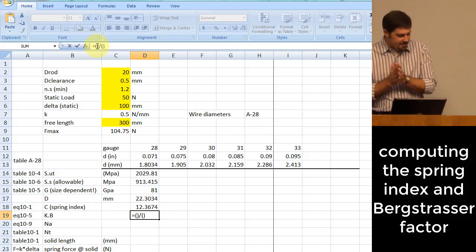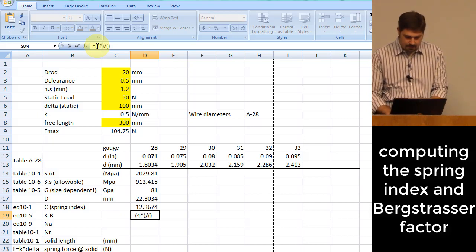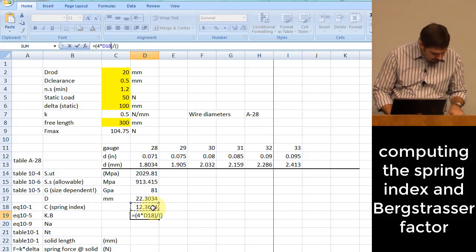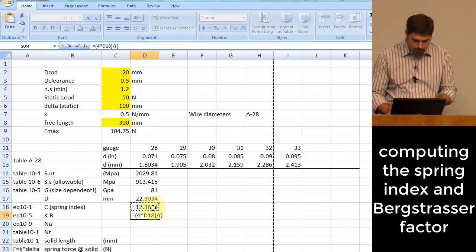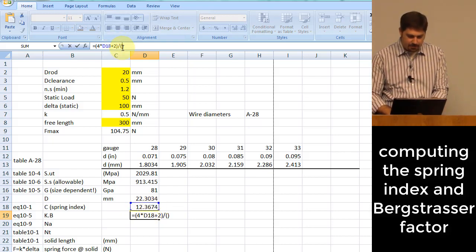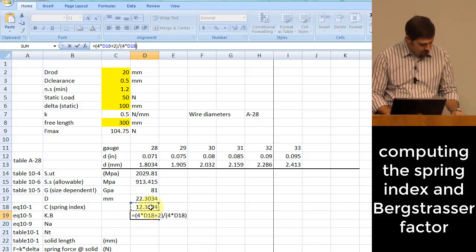All right, so now let's see. We need 4 times the spring index. So 4 times this spring index value. And then we're going to do that plus 2. And in the denominator, we'll do 4 times the spring index value minus 3.